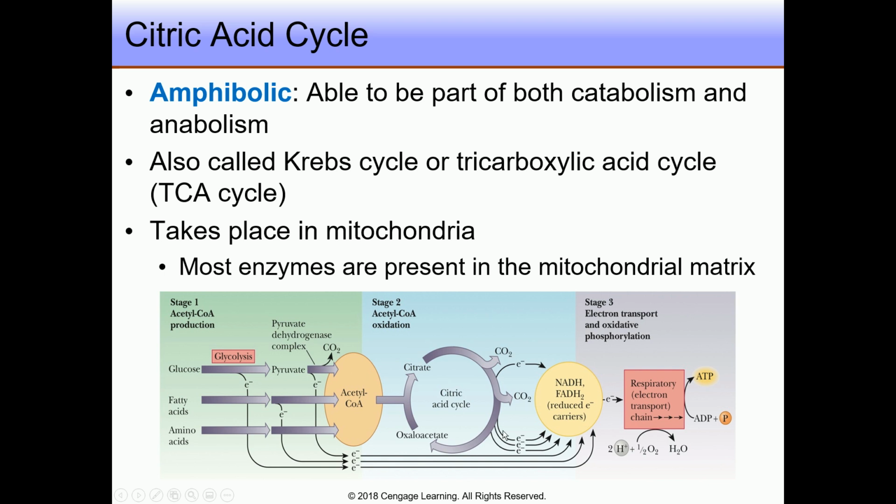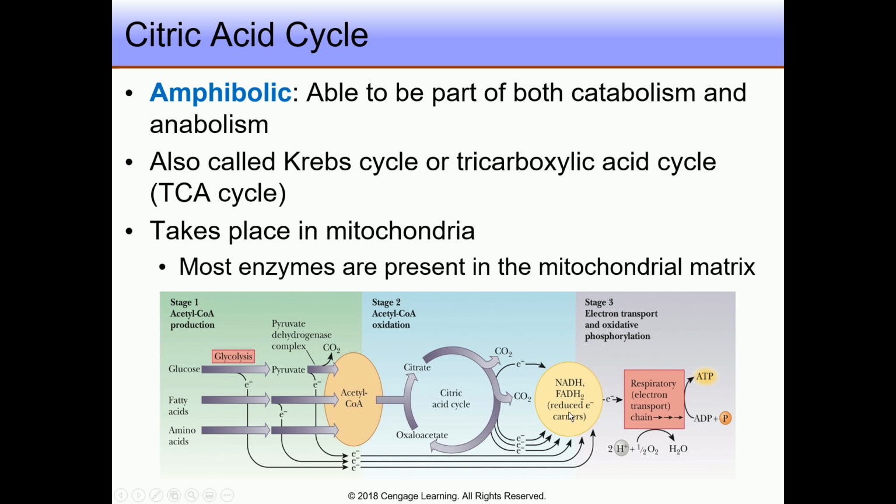These two things we are going to discuss in chapter 19, and in chapter 20 we are going to talk about the electron carriers which carry the electrons in glycolysis, in the conversion step from pyruvate to acetyl coenzyme A, and also in the citric acid cycle. These electron carriers are NAD plus and FAD, and they get reduced to NADH and FADH2.